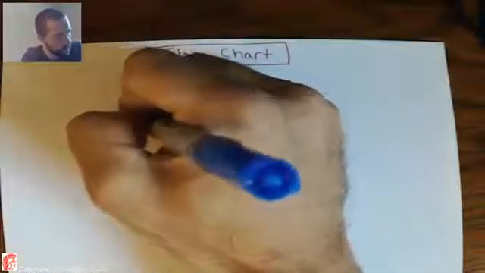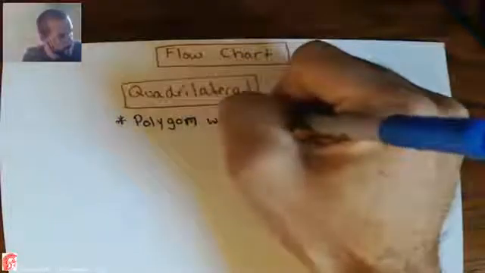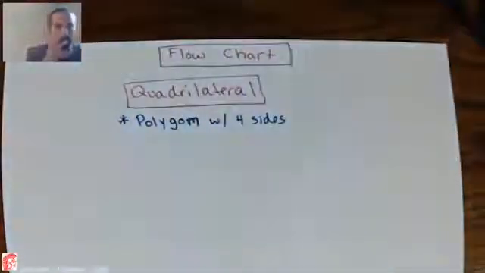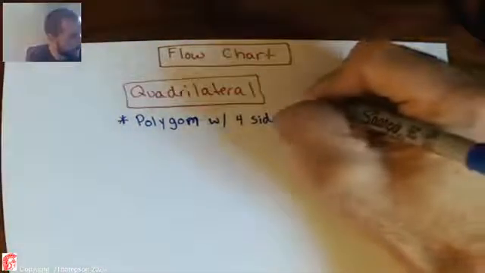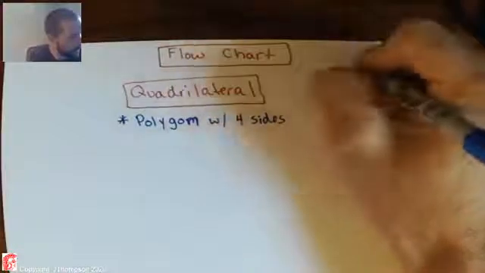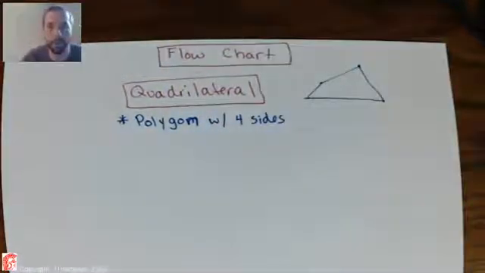So it's a polygon with four sides. Okay, those sides don't have to be congruent. Those sides don't have to be parallel. It just has four sides. Okay, so it could look like that, for example. That would be a quadrilateral.